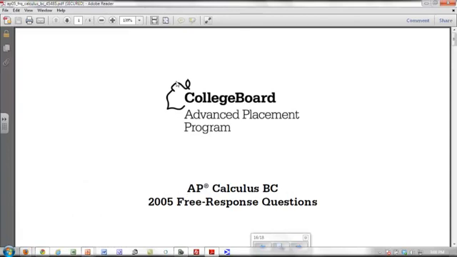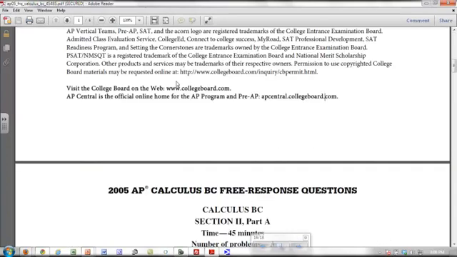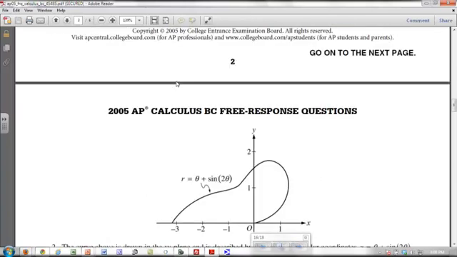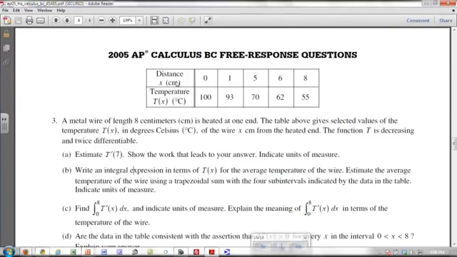I didn't mean that. So here's the 2005, just randomly chosen. I got a whole bunch of them on my hard drive. All these exams are available on the College Board website. If we start scooting through these problems, ooh, area between the curves, also volume of revolution in that problem. Ooh, this one is from the last section that we're doing tomorrow.